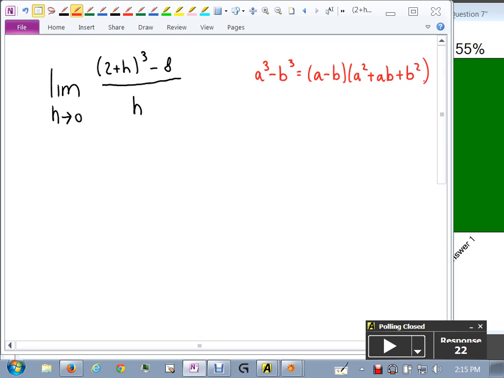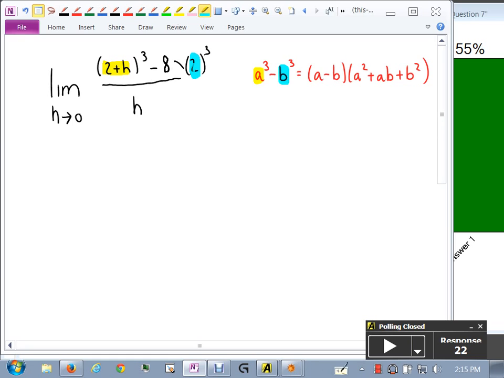That's your difference of cubes formula. And in this problem, what would a be? What's our a? What's the thing being cubed? 2 plus h. What's the b for us in this? The 8, but actually the b would be what? This is 2 cubed. So the b would actually not be 8. It would be what? It would be the 2.